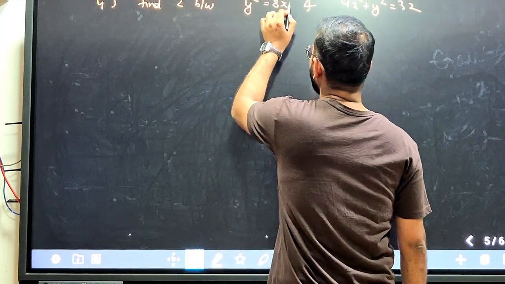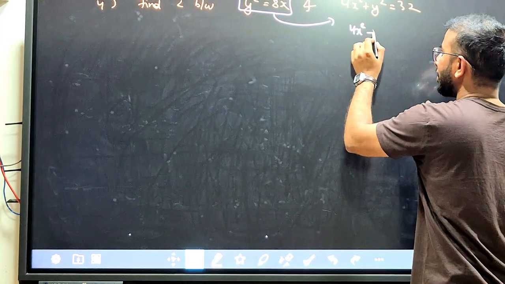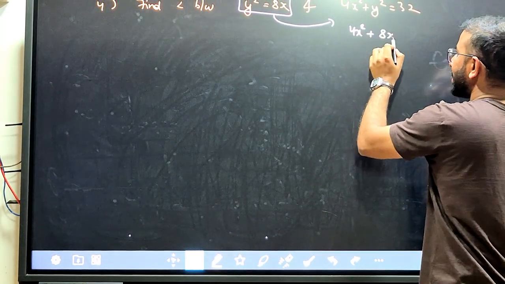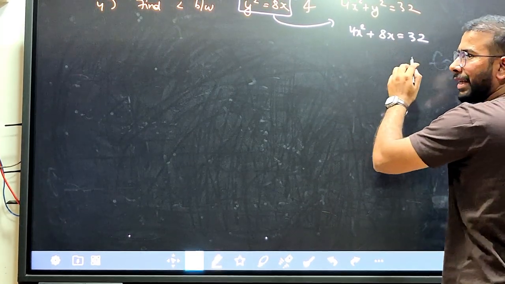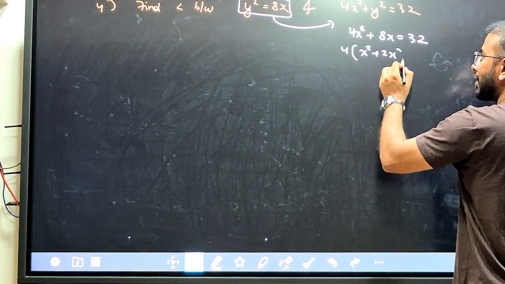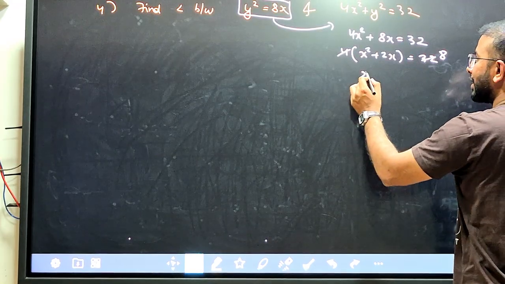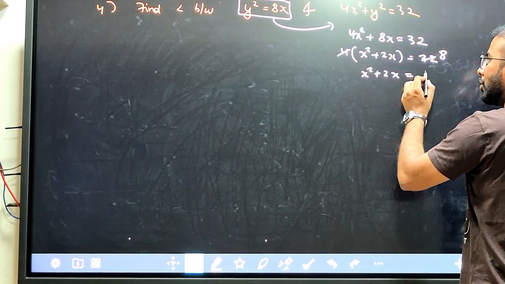Okay, so y square value is 8x. Let's substitute it here. 4x square plus 8x is equal to 32. Now what you can cancel? 4. So it's x square plus 2x is equal to 8.